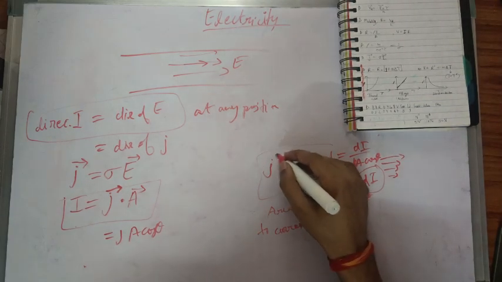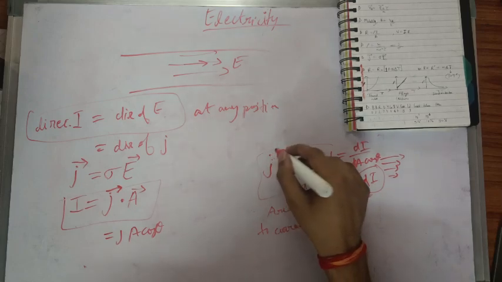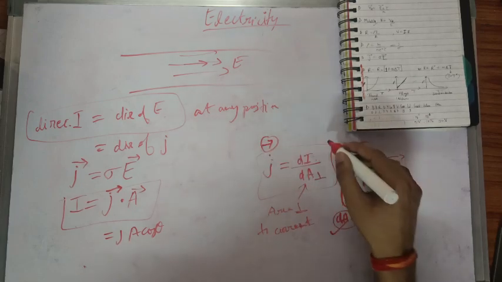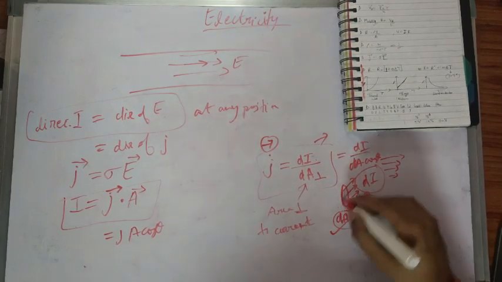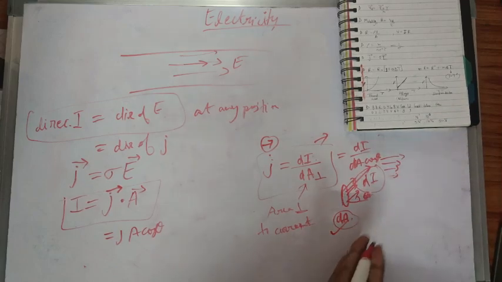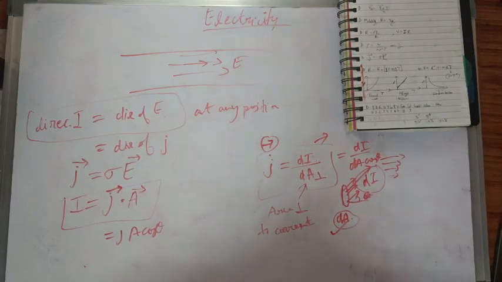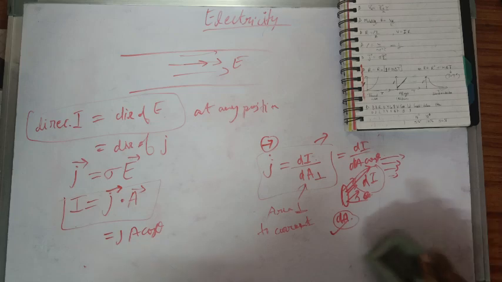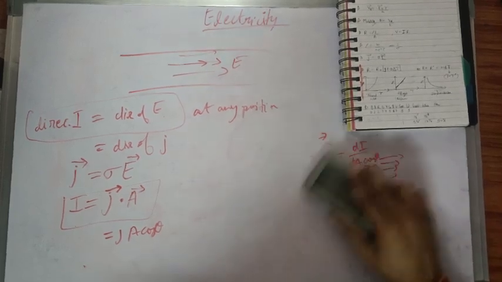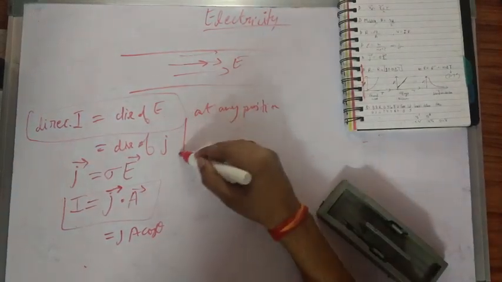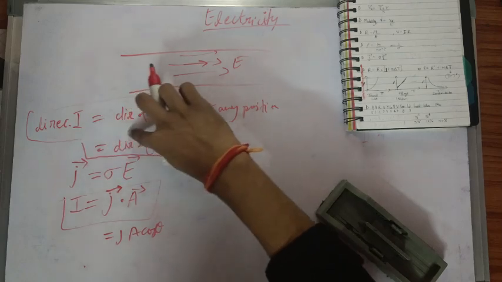The current and the current density are in the same direction. Let's say the current is flowing in this direction, then current density will also be in this direction. As we said here, they all have the same directions.